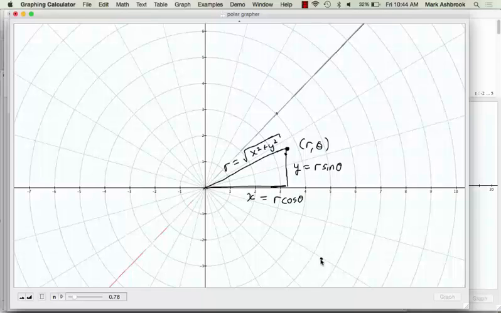And then this is theta. What would be another mathematical way to represent theta? Another expression that would equal that angle theta.